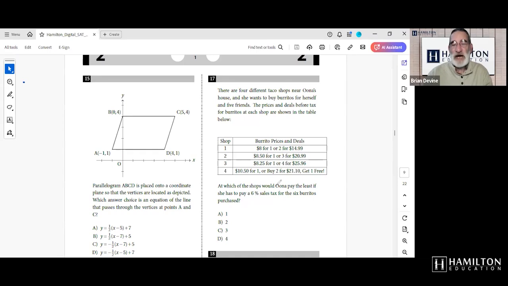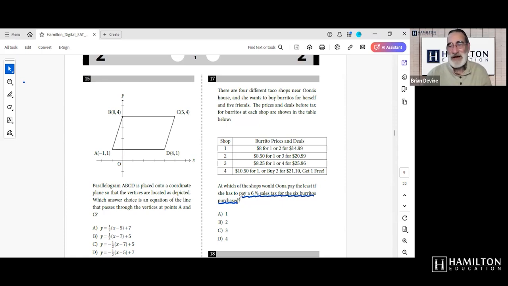At which of the shops would Una pay the least if she has to pay 6% sales tax for the 6 burritos purchased? Well, first of all, having to pay 6% sales tax means that's going to be 1.06 applied for the total at every shop.